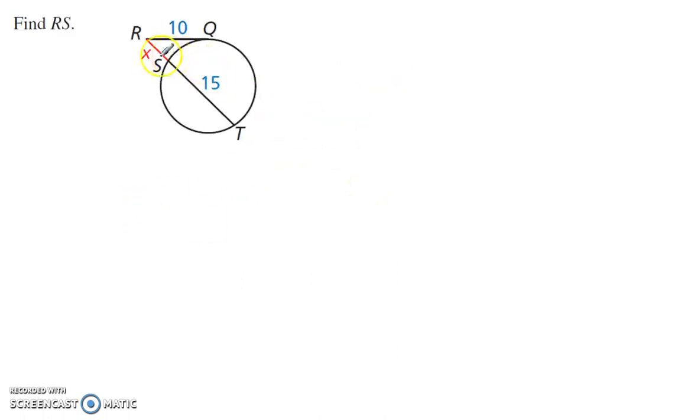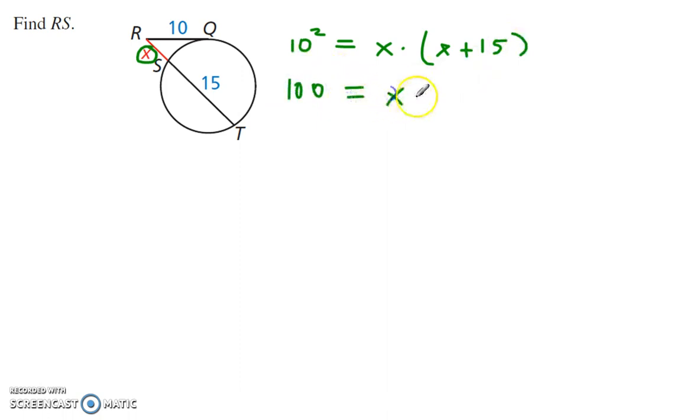Now a little more challenging here. It doesn't look a lot harder, but notice that the x is now on this side. So now we have 10 times 10, or 10 squared, is equal to part times whole times x plus 15. And that gets me 100 is equal to x squared plus 15x.